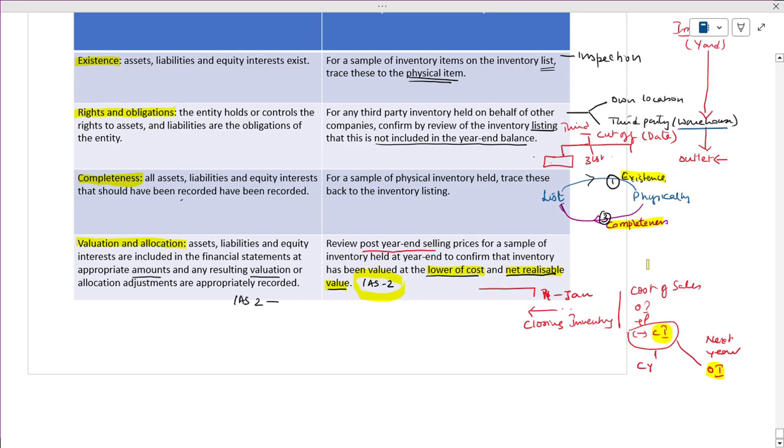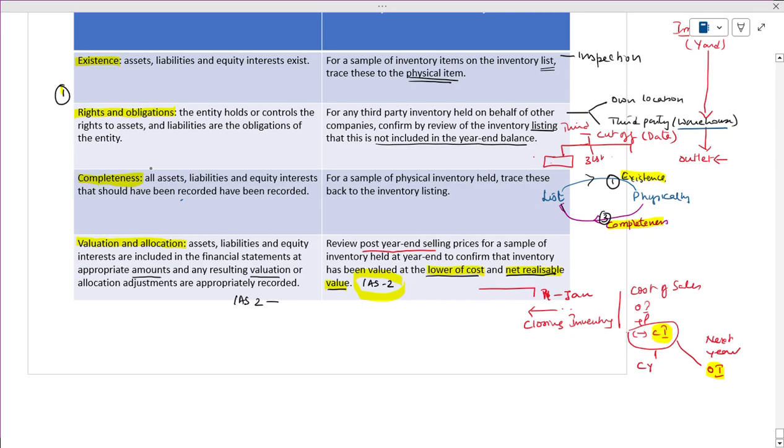Are you okay about this? Again, slowly, you will have enough time. Existence means from listing to physical items.